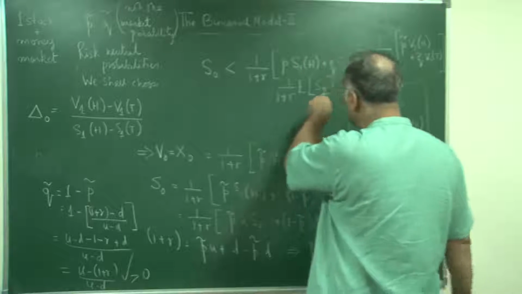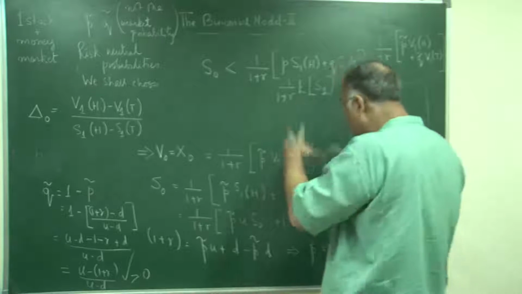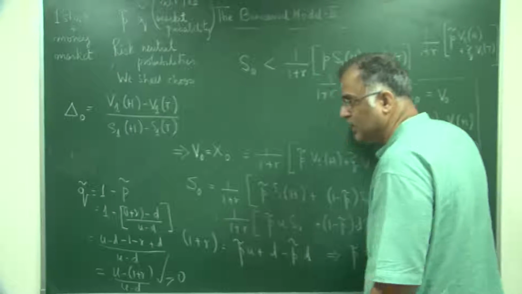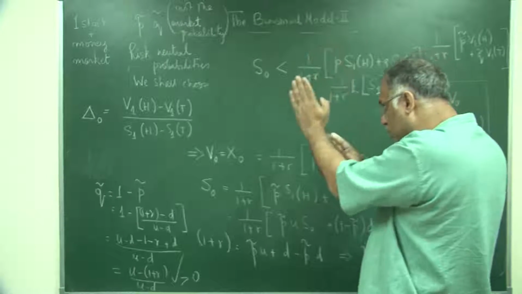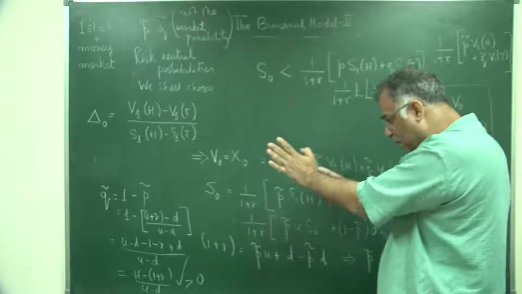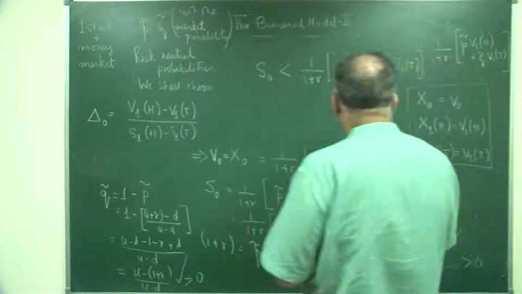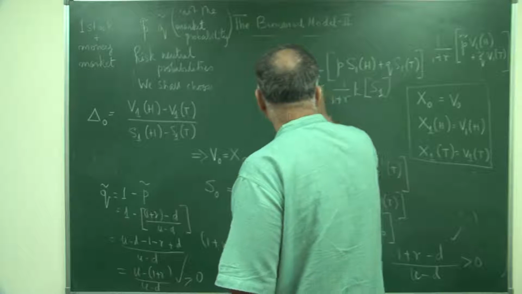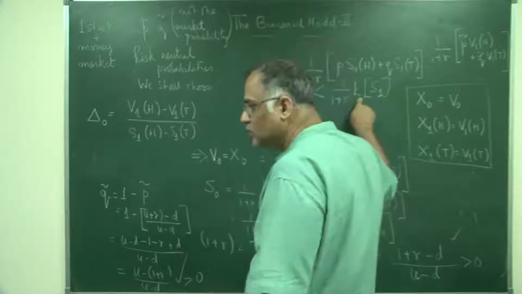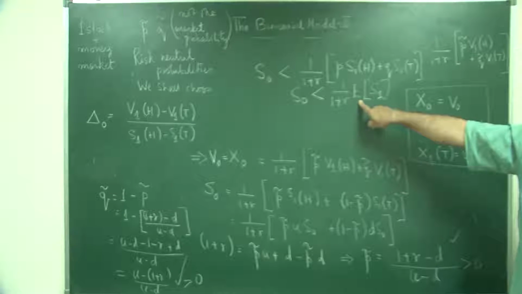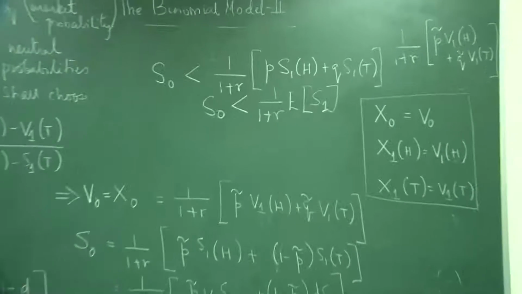So the discounted expected value of the stock price at time t equal to 1 is this, the present value, rather. That must definitely be bigger than S0 so that people would actually invest in this stock. Otherwise people will never invest in such a thing, right? That is the idea.